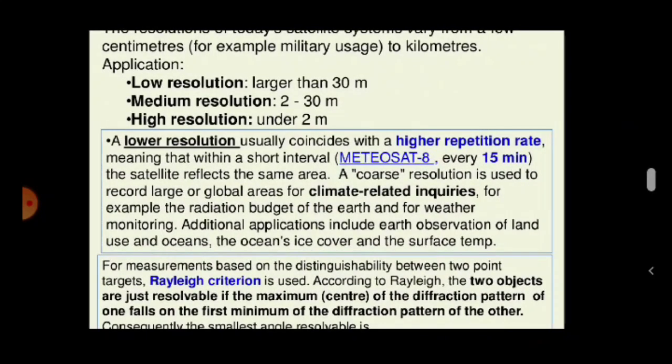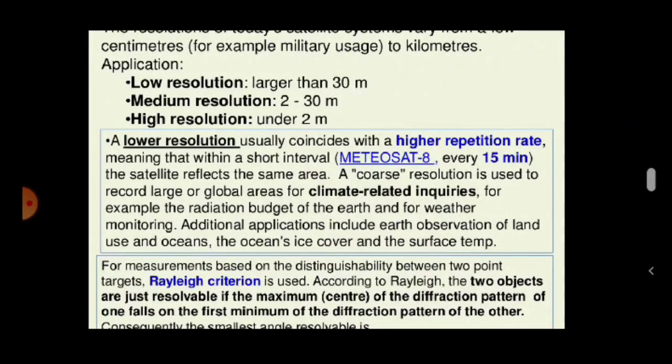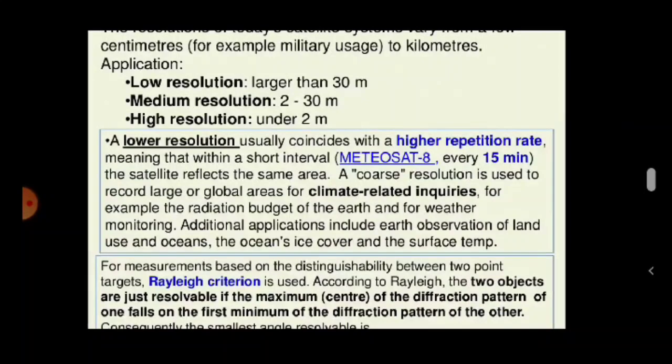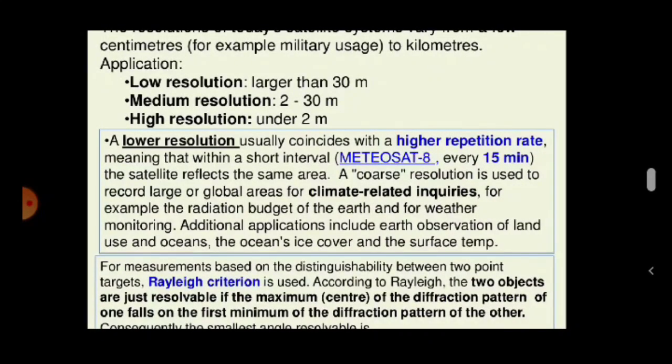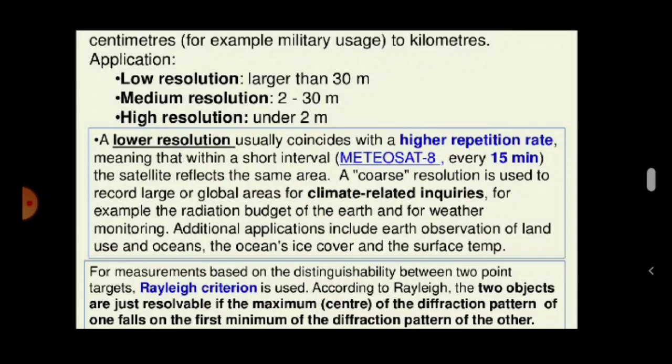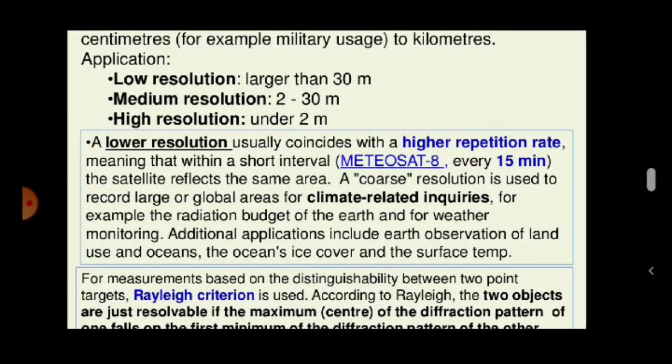There are plenty of characteristics of a satellite. One is satellite repetitivity time, and we'll talk about that later. I mentioned this repetitivity before, I think when I described the scan line in the characteristics of a remote sensing image.